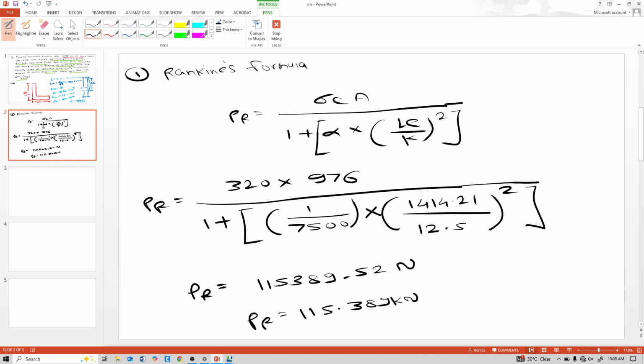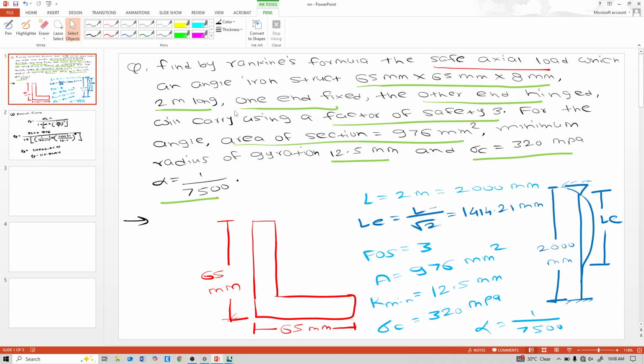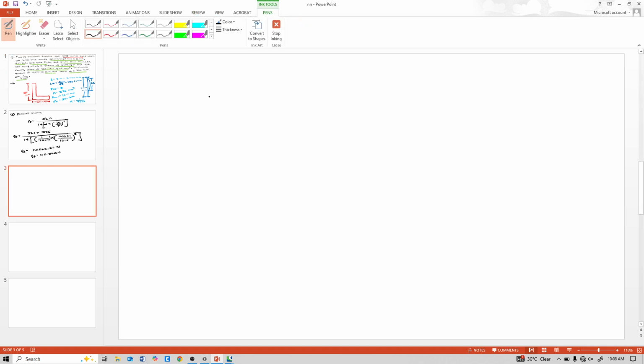So that is, as per Rankine's formula, the buckling load, or you can call it the crippling load. Our problem statement is the safe axial load, and they have given us that the factor of safety is 3. So the safe axial load is nothing but the buckling load divided by the factor of safety.